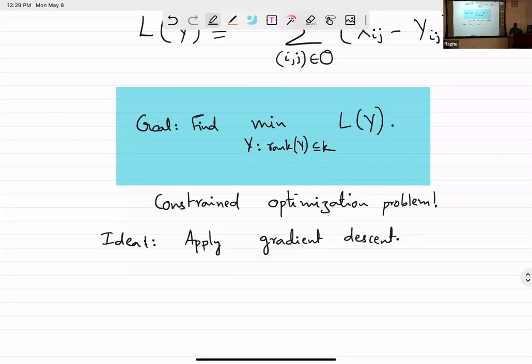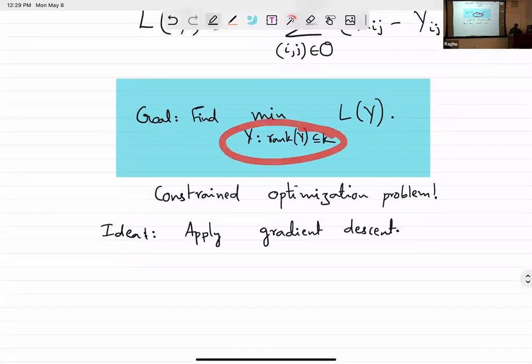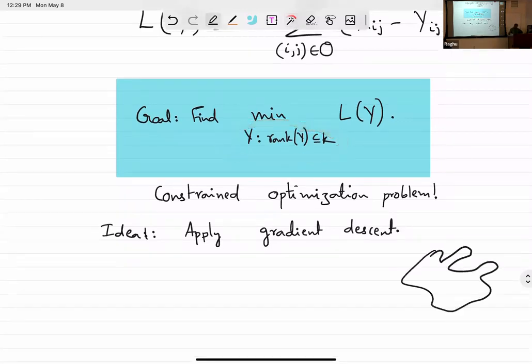Okay, but you can imagine this low rank set is a crazy set, right? It's a highly non-convex set. If it's a convex set, it would be nice, but there's no reason. If I had two low rank matrices, their sum can have higher rank, right? So it's not at all a convex set. And maybe you're somewhere here, you take a gradient step, you go out. Okay.